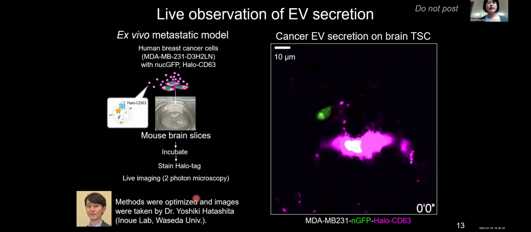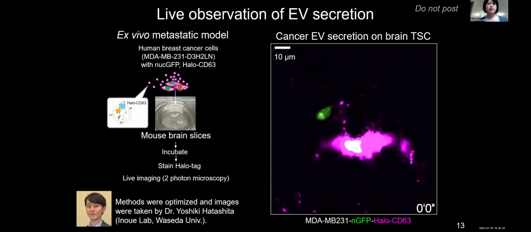And in these breast cancer cells, I introduced a highly sensitive EV label, prepared by overexpressing the HaloTag fused CD63, which is a protein enriched on the EVs. And I also introduced nuclear CFP as a label for cancer cells.